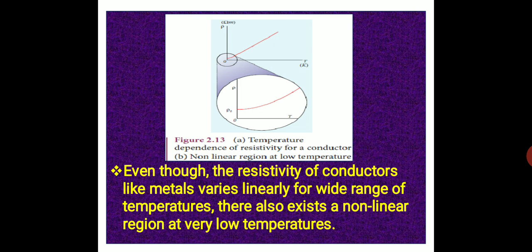Even though the resistivity of conductors like metals varies linearly for a wide range of temperatures, there also exists a non-linear region at very low temperature.